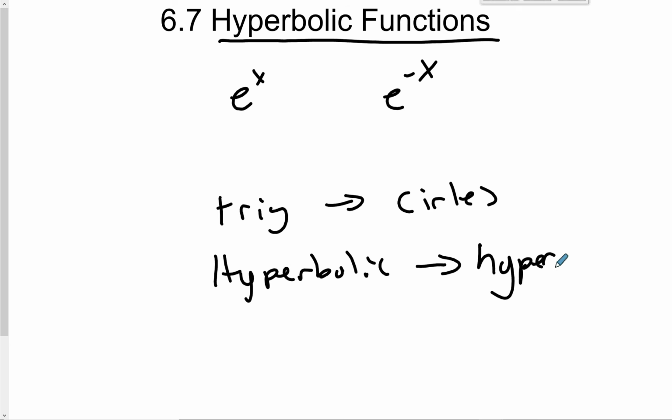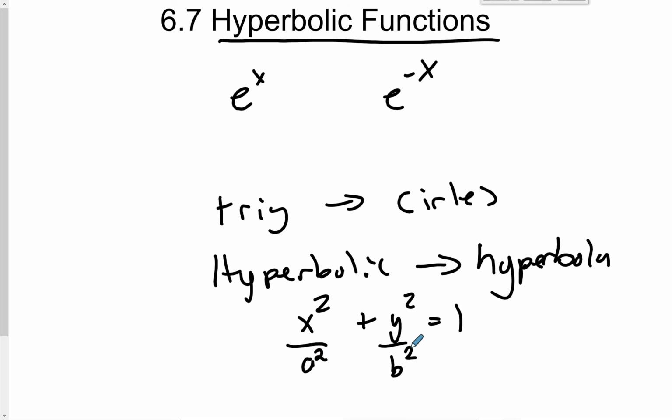If you remember from trig, the hyperbola looks something like this. We have x squared, if it starts at the center, and a y squared, like a circle, equals 1. But for a hyperbola the denominators are a little different, a squared and b squared.